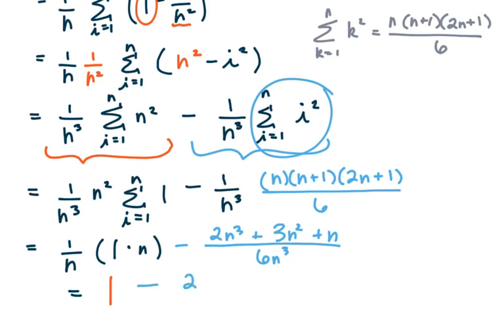That first term is 2. n squared divided by n cubed, I'm going to get 3 over n. And then I would have 1 over n squared, all of which is over 6. So I'm running out of space on this page. I'm going to pause, skip to the next page, and rewrite what we're starting with.